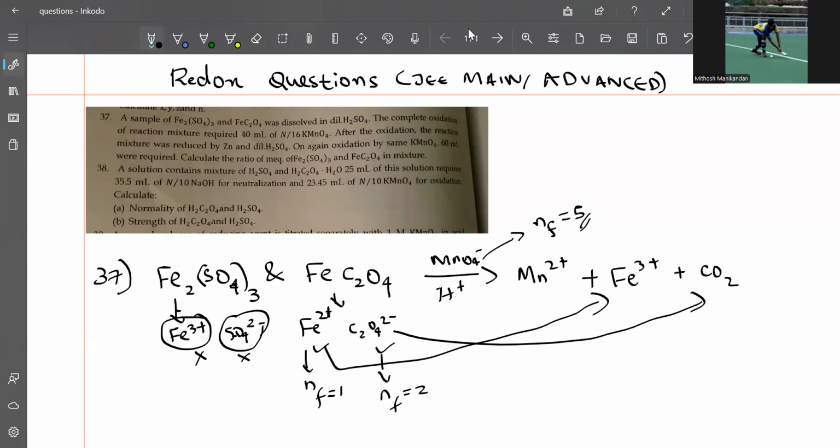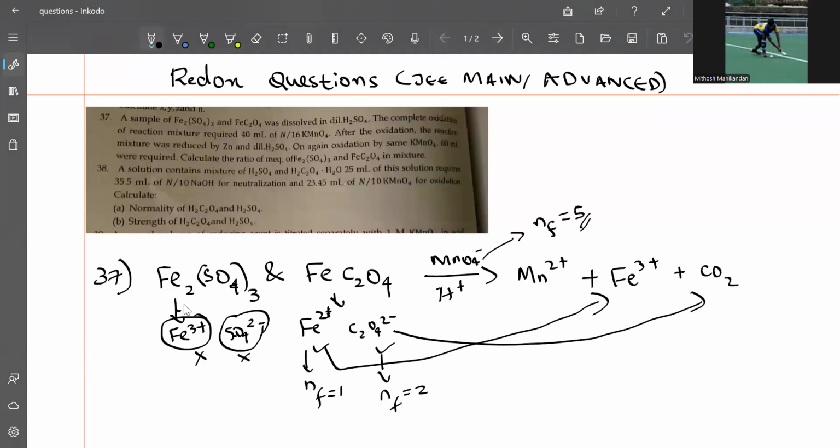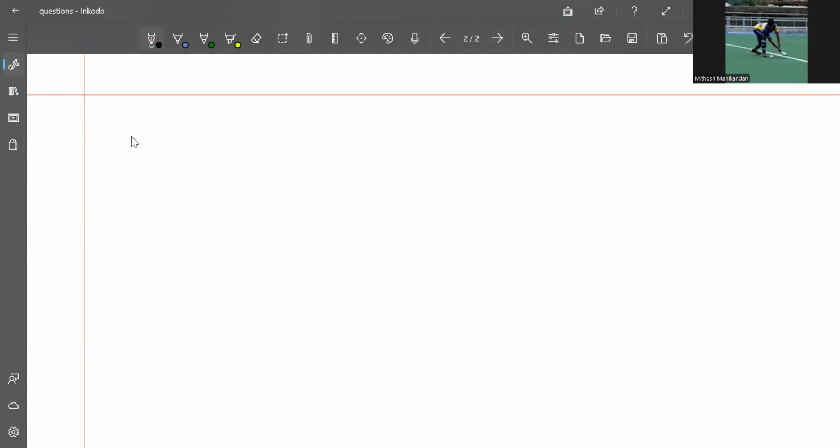Then this Fe3+ remains in the solution, correct? So this Fe3+ is from Fe2+ and also Fe3+, both. So next we are reducing with zinc. So you have Fe3+ and CO2.